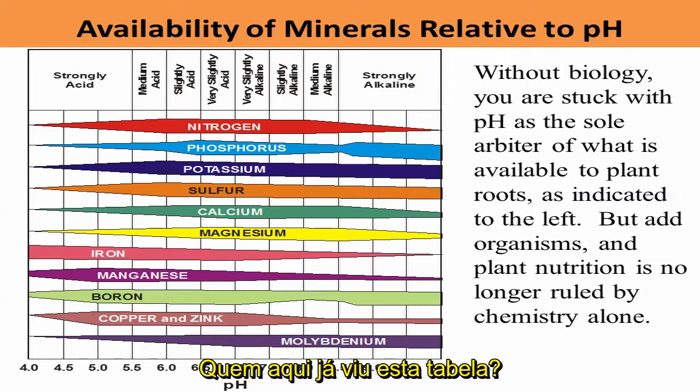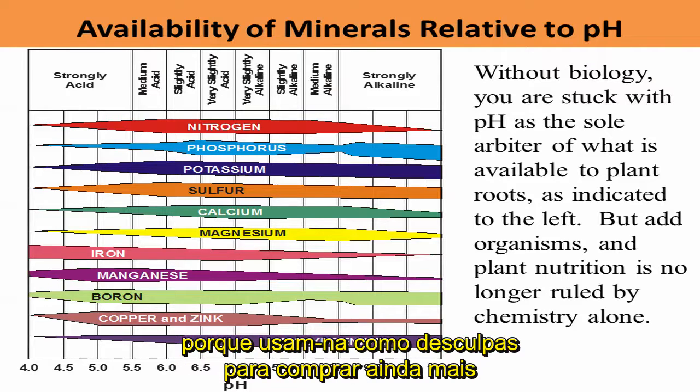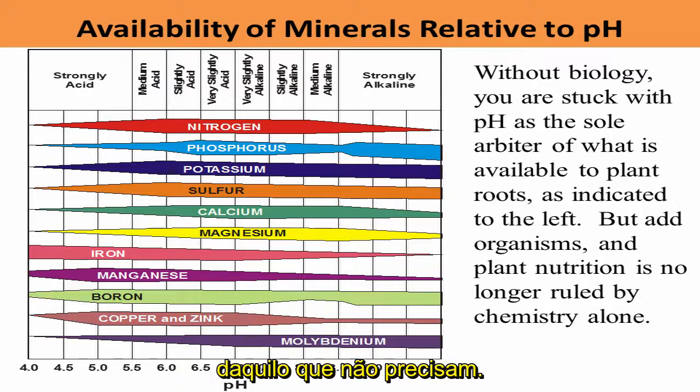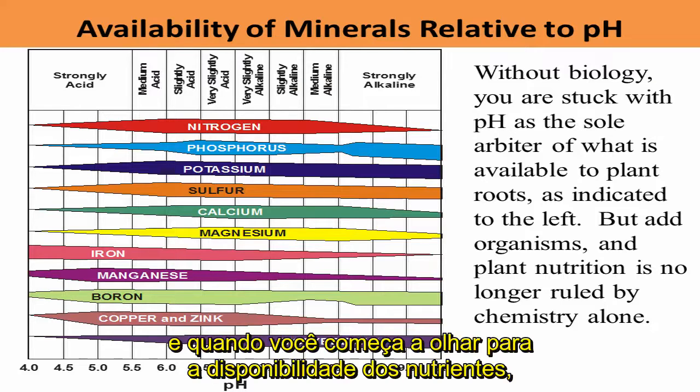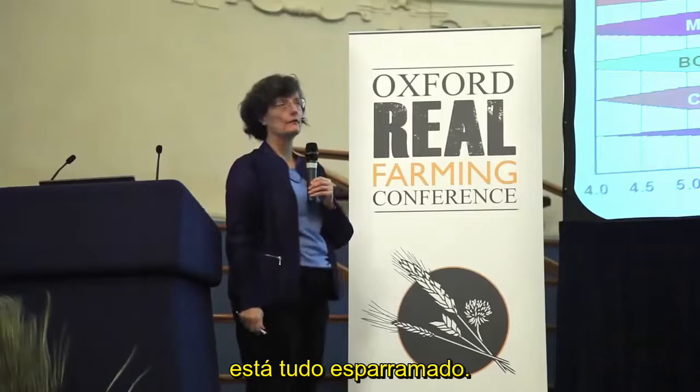How many of you have seen this chart? Fertilizer salesmen love this. Agronomists love this because they use this as the excuse for why you've got to go buy more of something you don't need. Throw all of this out the window because this is based strictly on pH. And when you start looking at when these different nutrients are most available, it's all over the board.